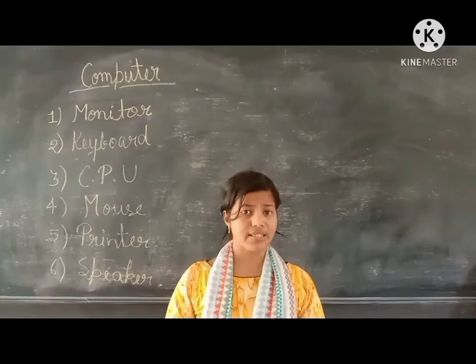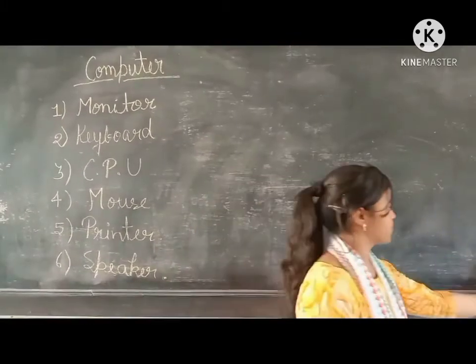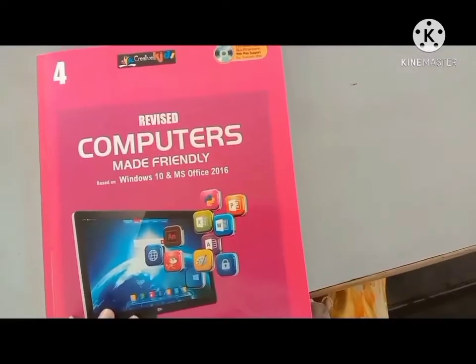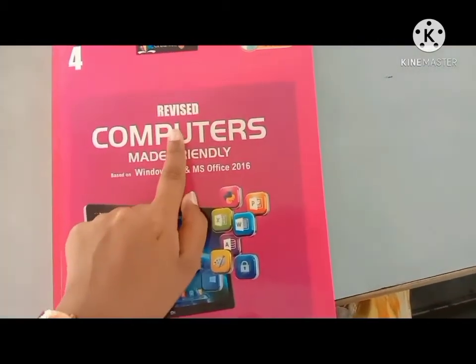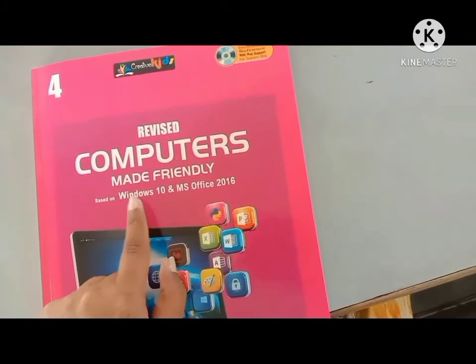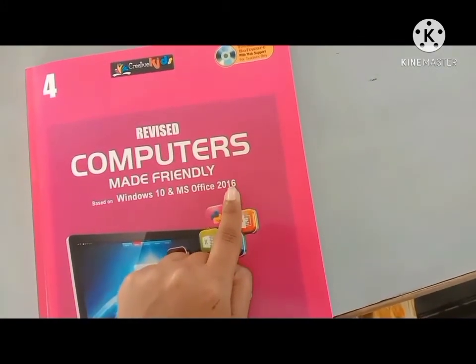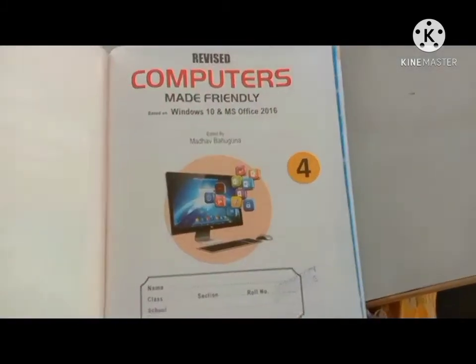So if you want to learn this topic, you have to take your books. So take your book. Students, this is our computer book, which is named Revised Computers Made Friendly, based on Windows 10 and MS Office 2016. So let's open our book.